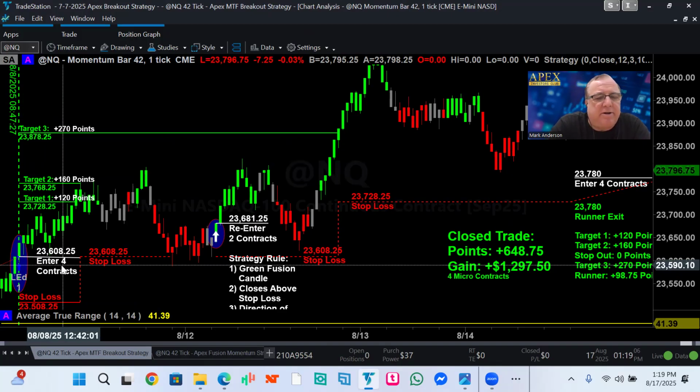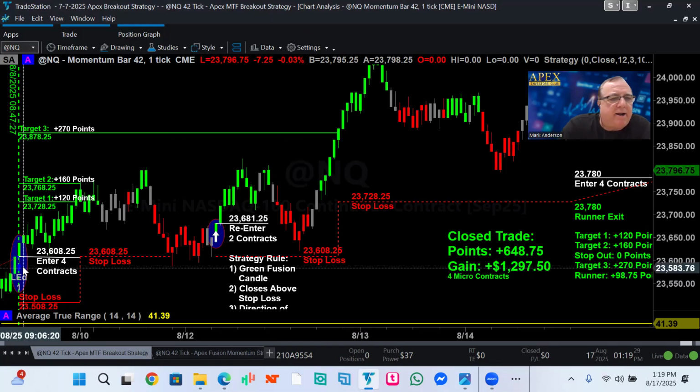You can enter any denomination you want. If you want to do 8 or 12 contracts, if you're a little more aggressive, obviously you can do that, and then you would just multiply the results times two or times three, depending on if you did 4, 8, or 12. But for example purposes, let's continue as we've been going with the four micro mini NASDAQ contracts.